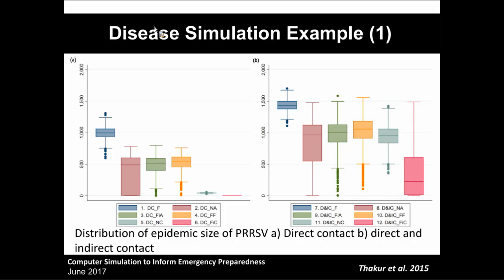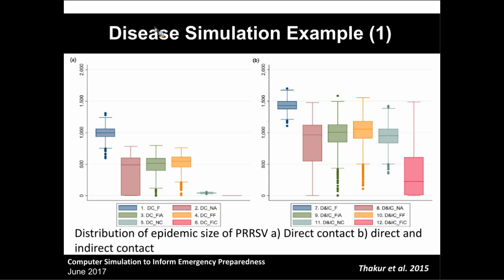Here are the results comparing the epidemic size for direct contact, that is on the left, and the combined effect of both direct and indirect contact on the right. The direct contact scenario resulted in a lower epidemic size. The median percentage of infected farms varied between 32% to 37%, while the combined, that is both direct and indirect contact, moved the percentage of infected farms to range between 42 and 49.